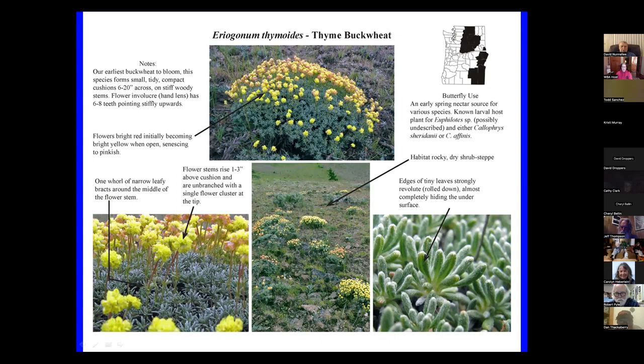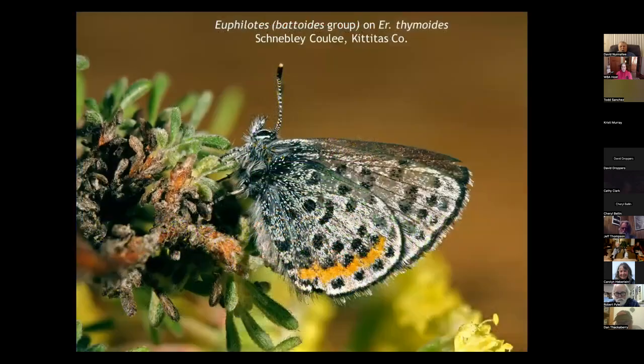There is a species of Euphilotes, a buckwheat blue, which occurs on this plant. It's a very dusky little thing. This is a picture of it. This is from Nunnallee Coulee. And this is very likely going to be described as a new species.